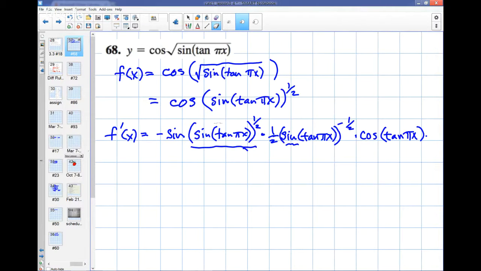So the next thing is the tangent, right? As we move inward, tangent. And what's the derivative of the tangent? Secant squared of pi x. And finally, the last thing in is that pi x. And what's the derivative of pi x? Pi is a constant, so that would be times pi.